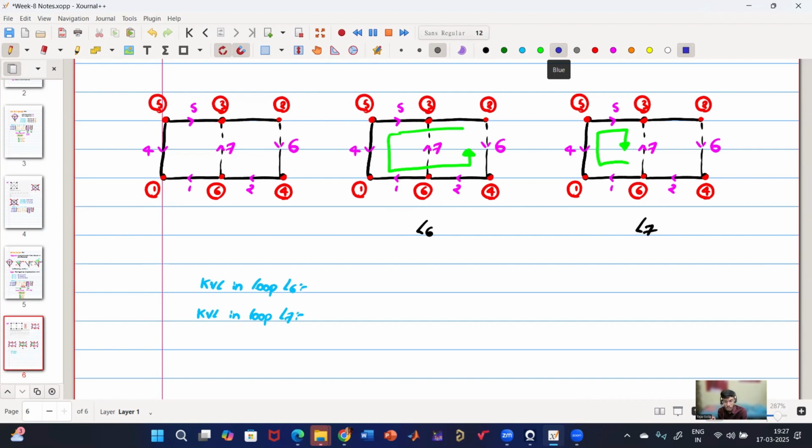Maybe we can start from node 1 and then go to node 1, 6, 4, 2, 3, 5. VE1, okay, plus VE2, okay, very good, plus VE6, very good. You didn't give direction. Yeah, my bad.